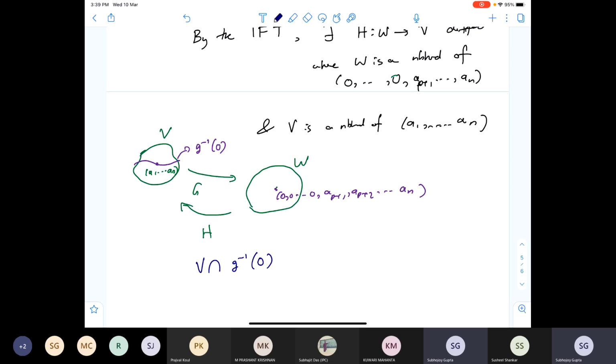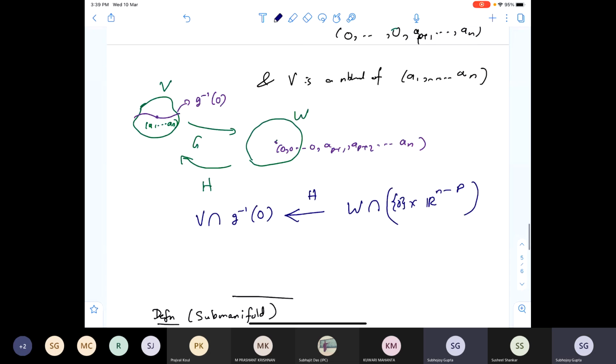So this map H will send, you can fix the first p variables to be 0. And then you can look at the rest as Rn minus p. Okay, so let me call it 0 cross this.